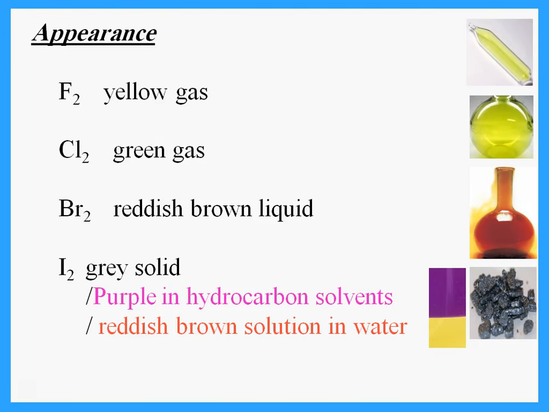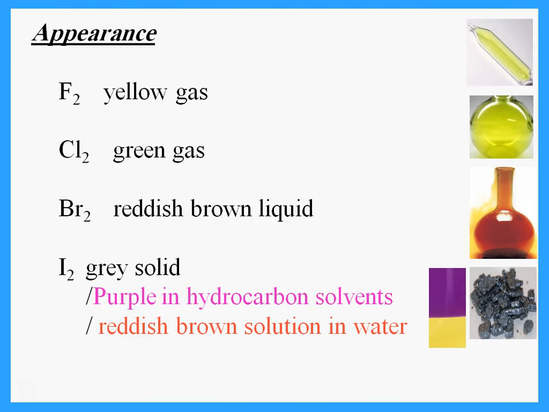But you have to remember that when we dissolve it in an organic solvent, such as hexane, it is purple in color. And the hexane or the organic solvent has lower density than water, and that means if I have an aqueous solution of iodine, that means the iodine dissolved in water.